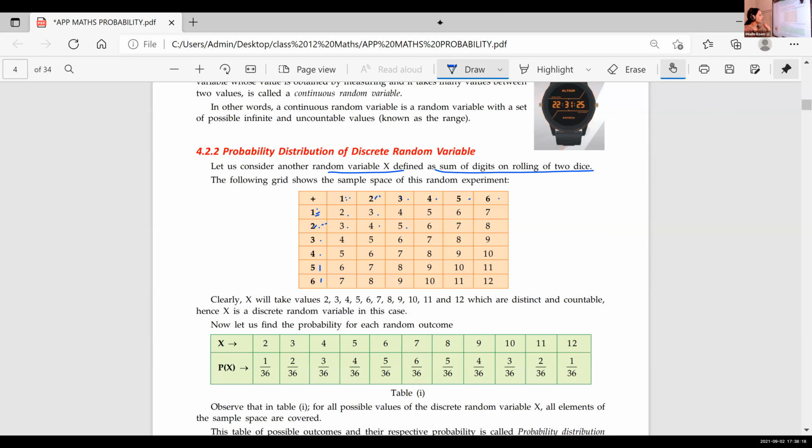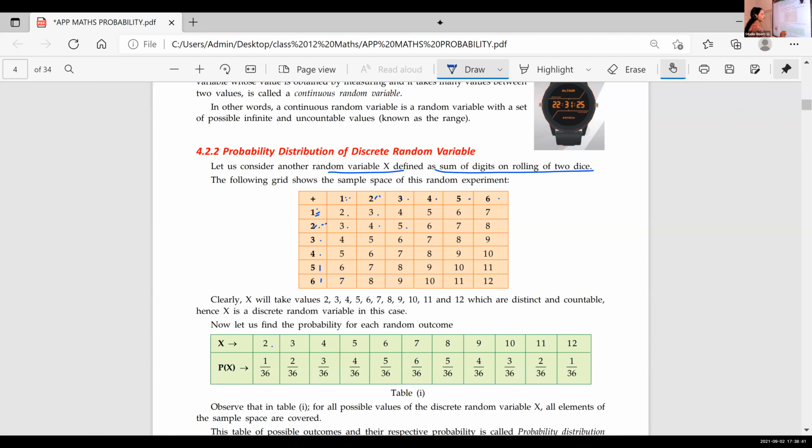Now we are writing the probability distribution. So what is the probability to get sum 2? How many times we get 2? Look at here. Only one time, isn't it? So 1 by 36. What is the probability to get sum 3? 1 plus 2 and 2 plus 1, 2 times are there. So 2 by 36. Sum 4, 3 by 36.